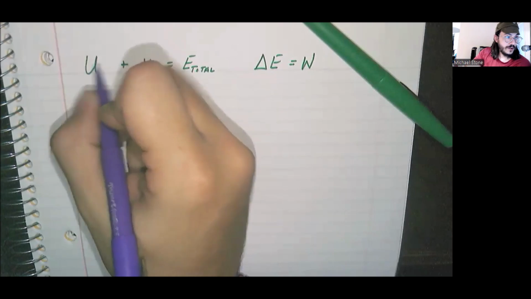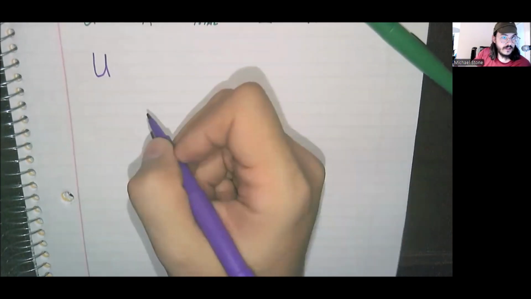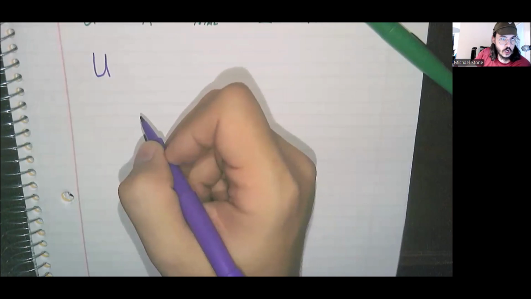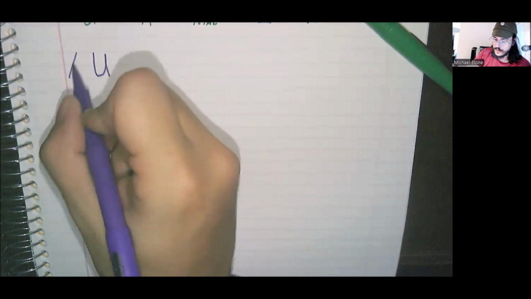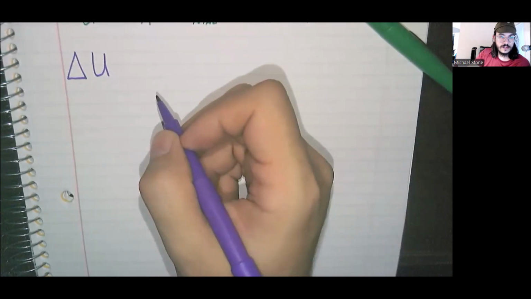Well, for one thing, we're going to repurpose some of these letters because there's only so many in the alphabet. So when we say U, that means internal thermal energy. So if there is any change in internal thermal energy, how could that have been accomplished?